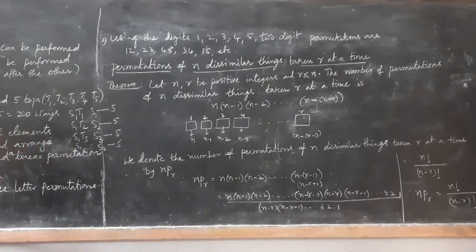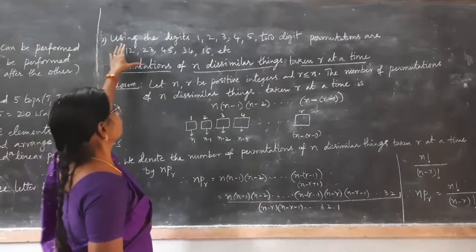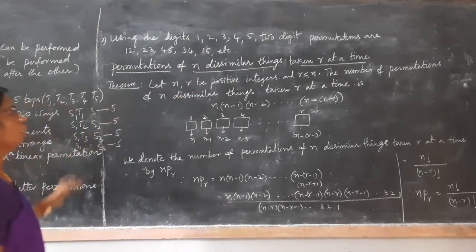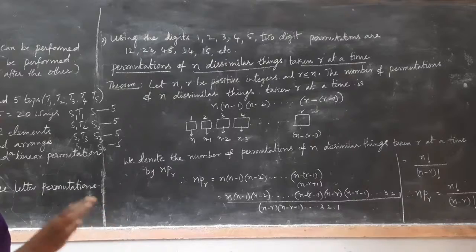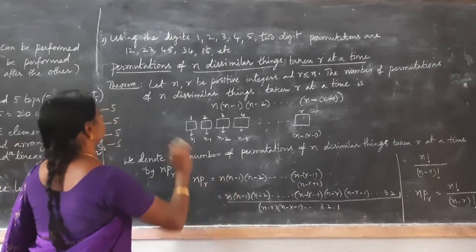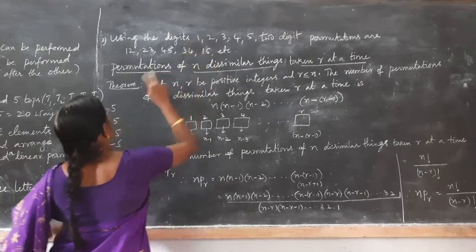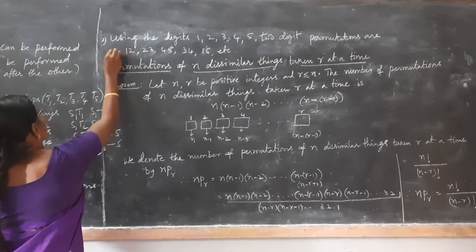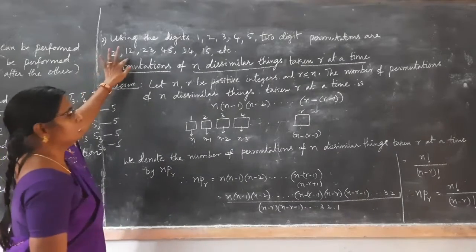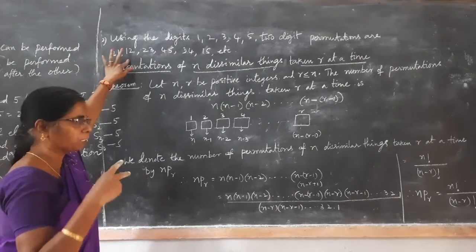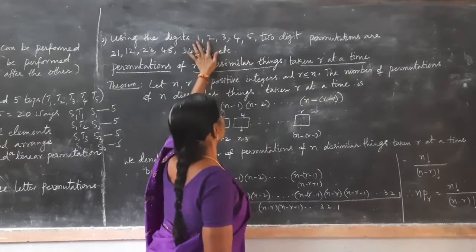See here, in the previous example we took letters of the alphabet. Here we use the digits. Using the digits 1, 2, 3, 4, 5, 2 digit permutations are. So we are given 5 digits. From the digits 1, 2, 3, 4, 5, for 2 digit permutations we have to select 2. Now look, suppose we selected 1, 2. 1, 2 is one permutation, 2, 1 is another permutation. So here you can understand selection and arrangement. I first selected 2 digits out of 5 digits, 1 and 2.